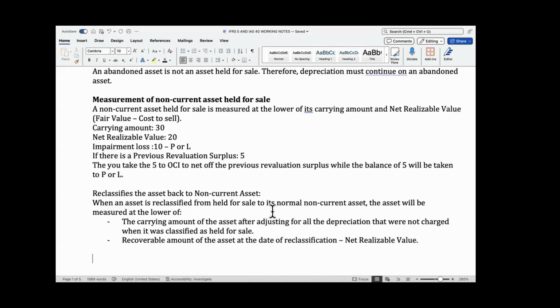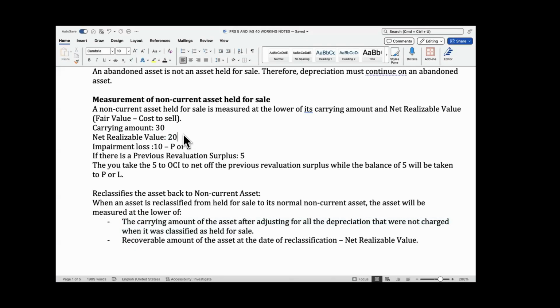Let's say you stopped for 2 years. Whatever the carrying amount is at the date of that reclassification, let's assume it's 20. And let's say the depreciation per annum you were charging before you stopped was 5 naira.